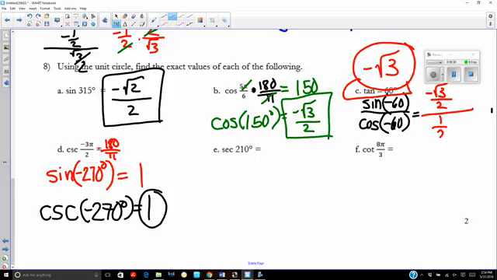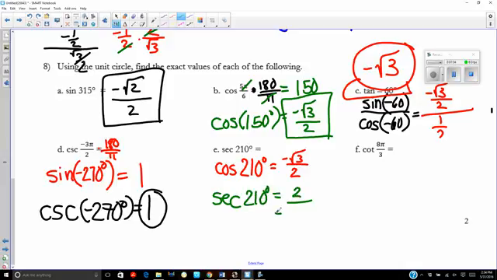Secant of 210. Secant's the reciprocal of cosine. So you're going to type in the cosine of 210 in your calculator, and you get negative radical 3 over 2. Secant of 210 is just the reciprocal of that. So we'll take the reciprocal and rationalize, get rid of the radical on the bottom.